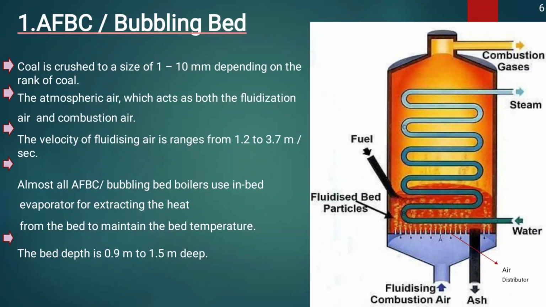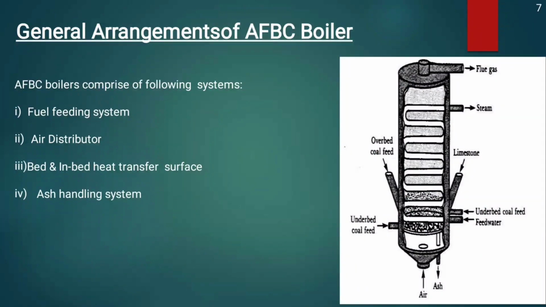Almost all atmospheric fluidized bed combustion bubbling bed boilers use an in-bed evaporator for extracting the heat from the bed to maintain the bed temperature. The bed depth is 0.9 meter to 1.5 meter.